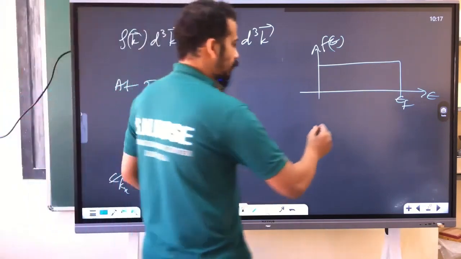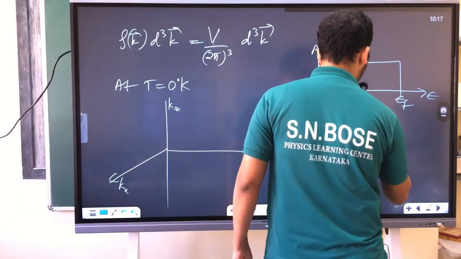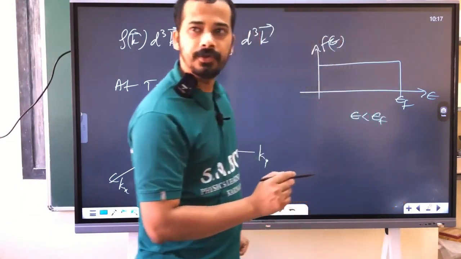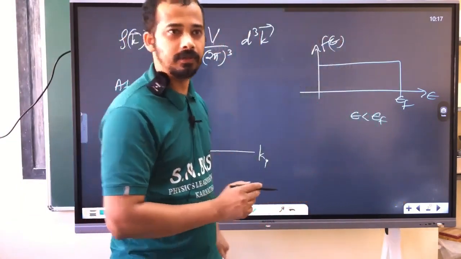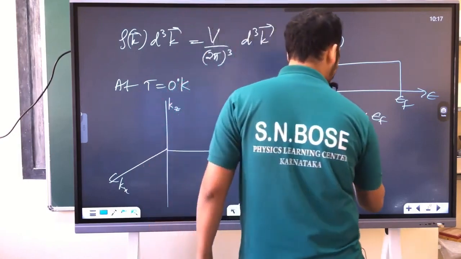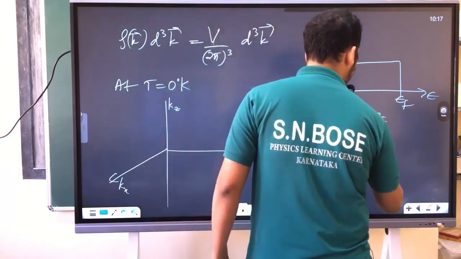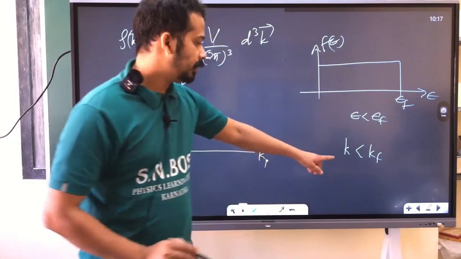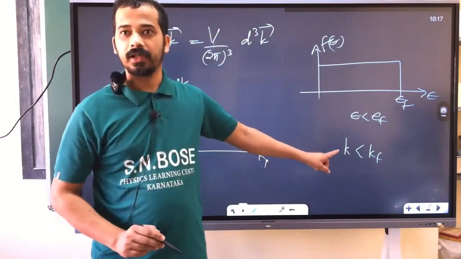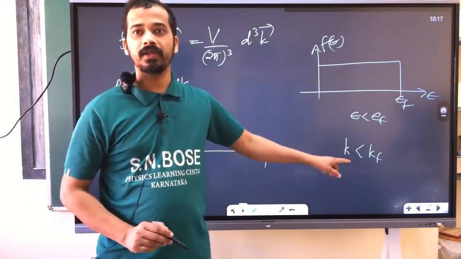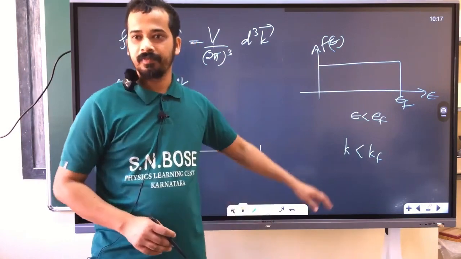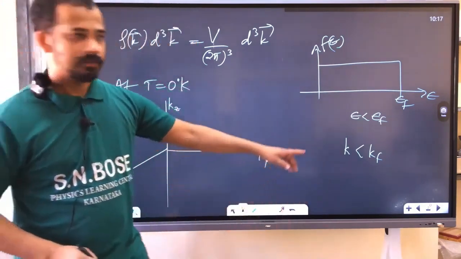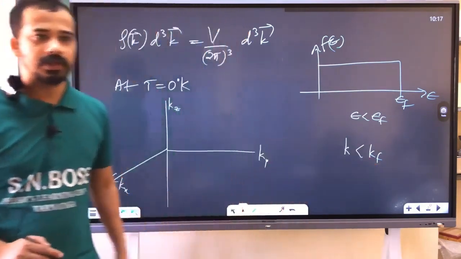So energy less than EF are completely filled. In K space, magnitude of K less than Kf. What is that region? That's one spherical region, where K equals root of Kx square plus Ky square plus Kz square, isn't it?